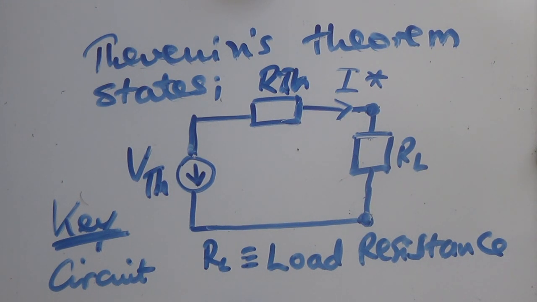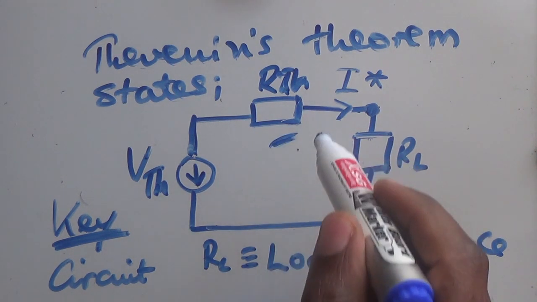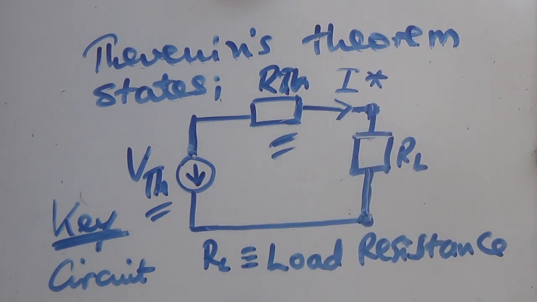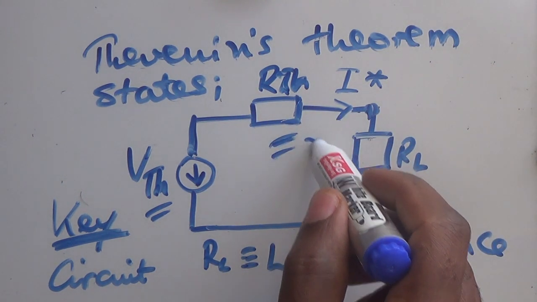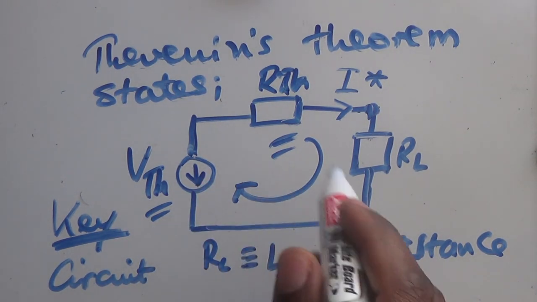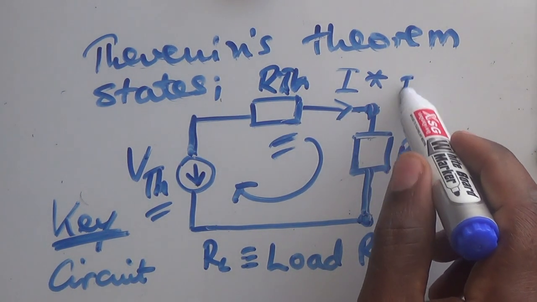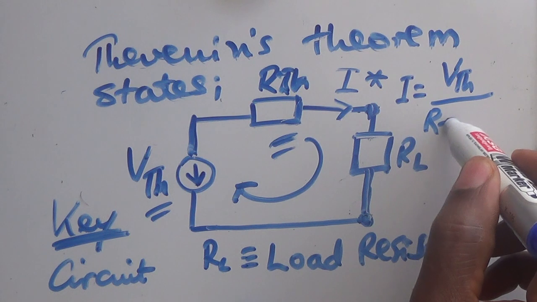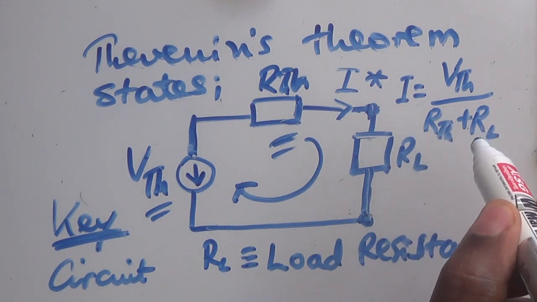So we are going to take a case of a nice circuit, and we shall move step by step, slowly, and make sure that we first find the Thevenin's voltage, find the Thevenin's resistance, and the other resistance that we would have taken as the load, bring it in, and then combine the two, using this as a single loop, and get the current I equals the Thevenin's voltage over the Thevenin's resistance plus the load resistance.